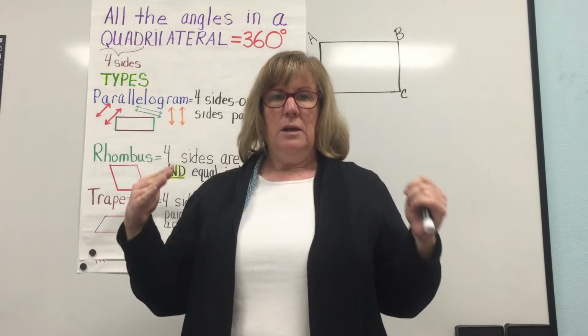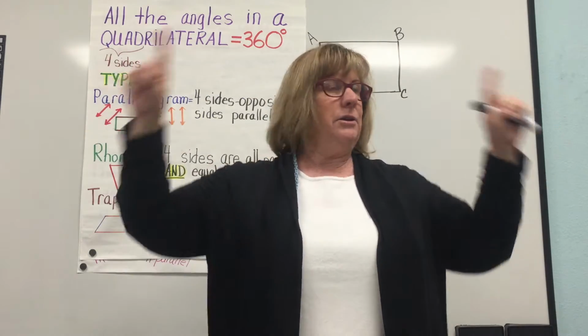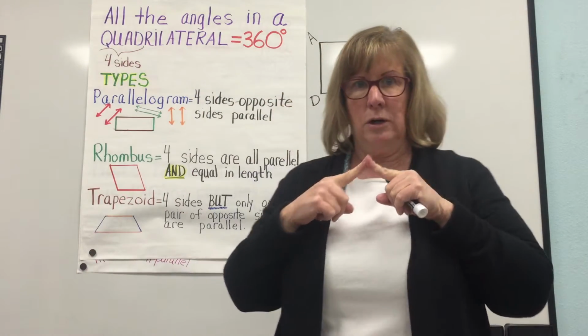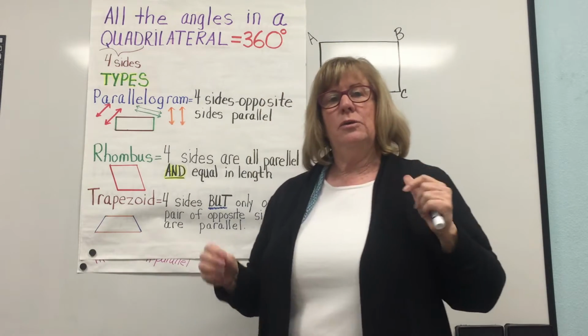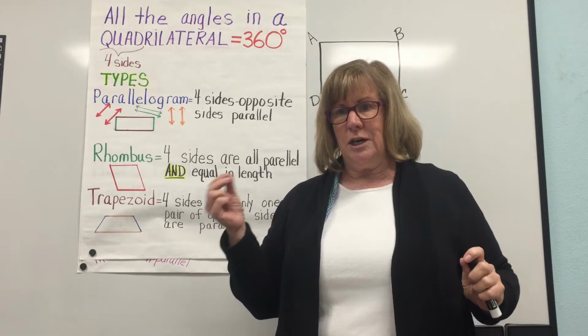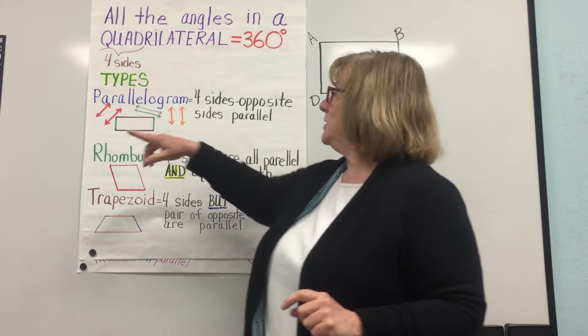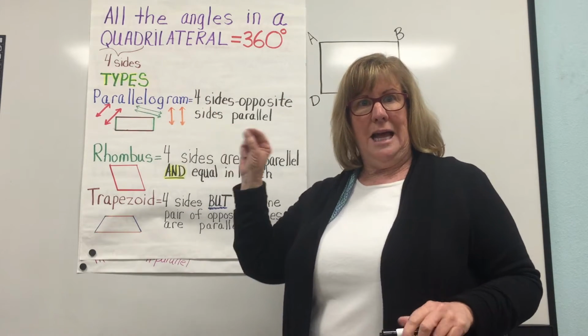All right? So if you draw two parallel lines, they're going to continue forever. They're never going to meet. All right? So from the word parallel, you get the first type of polygon we're going to talk about today, which is called a parallelogram.